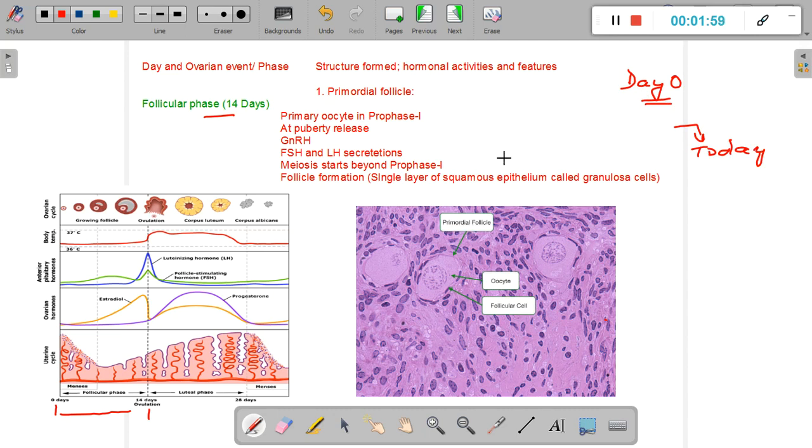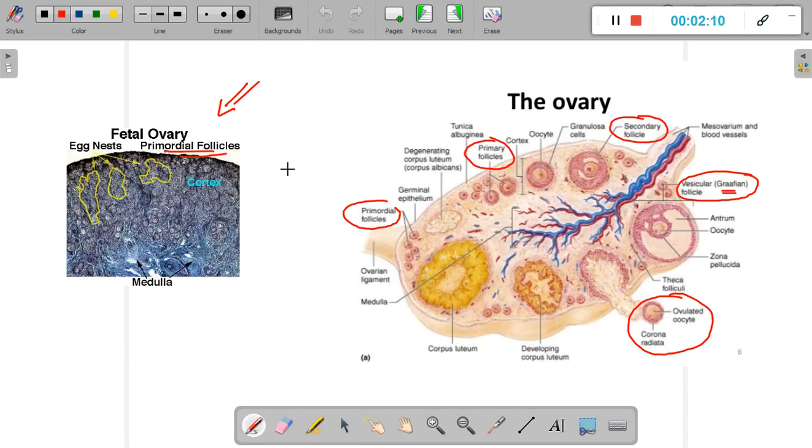On this particular day, if you remember from our previous sessions, the ovary of the female has primordial follicles only, right? She only has the primary oocytes, which are diploid and which have undergone meiosis but have been frozen in prophase 1.